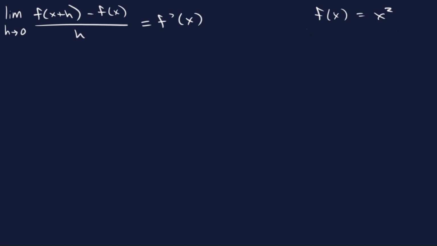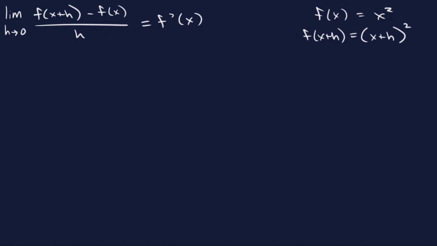For the same reason, if we want to get f of x plus h, all we're going to do is take our f of x and plug in x plus h for our x value. So we're just taking that x and subbing in x plus h. So now we have f of x plus h, f of x, and h.